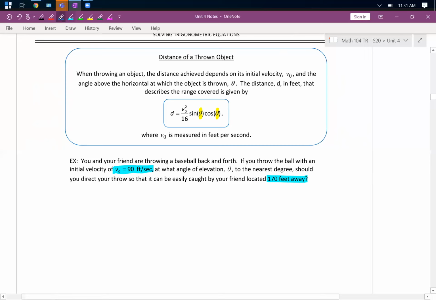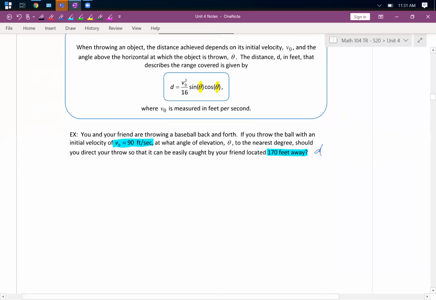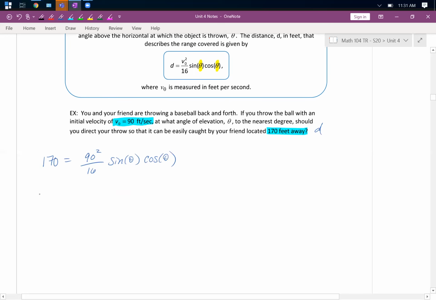So that's our d. And we're going to plug in and solve for theta. 170 equals 90 squared over 16 sine of theta cosine of theta. I guess we can start by squaring 90.